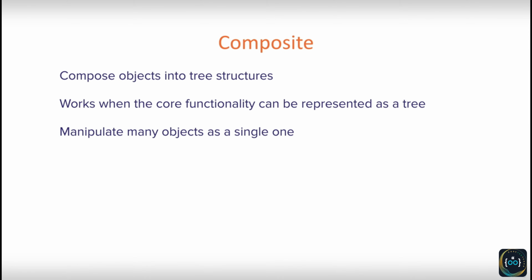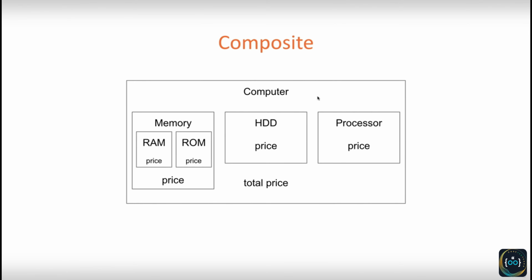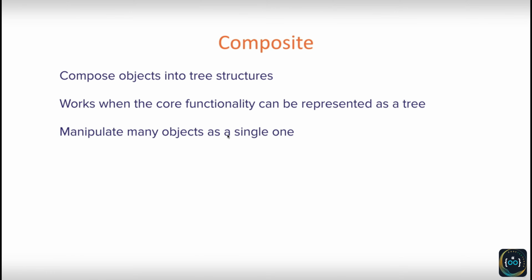It allows us to manipulate multiple objects as a single one. So for example, here it allows us to either manipulate the entire structure as one, as the computer, or if we want a sub tree from that larger one, we can manipulate the memory, for example, as a single element. All right, so that is the composite design pattern.